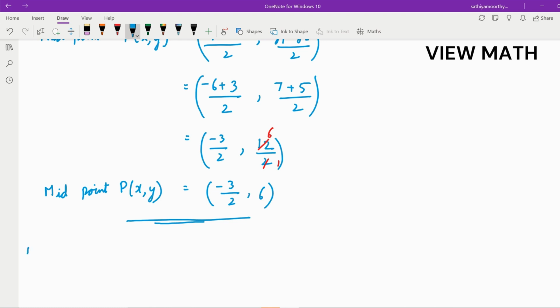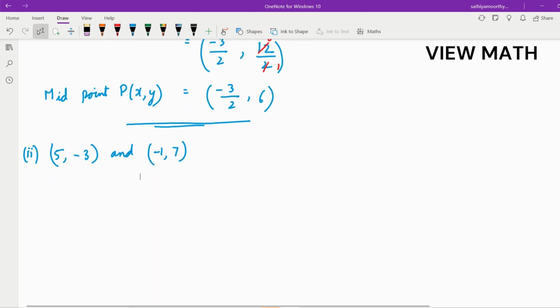One more problem, let me do it. The two points are (5, -3) and (-1, 7). Similarly, I am going to use this formula to find the midpoint of these two points. This is my x1, y1 and this is x2, y2. So let me substitute.